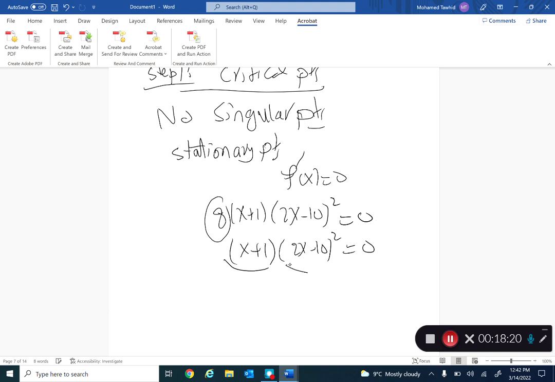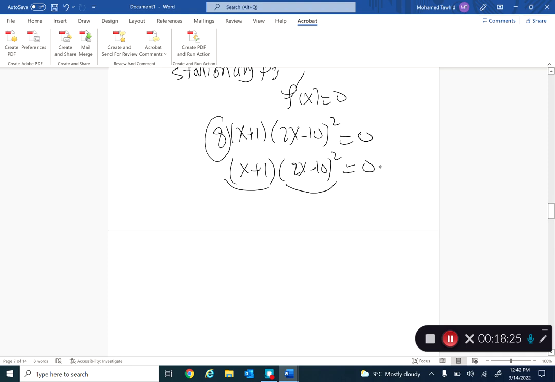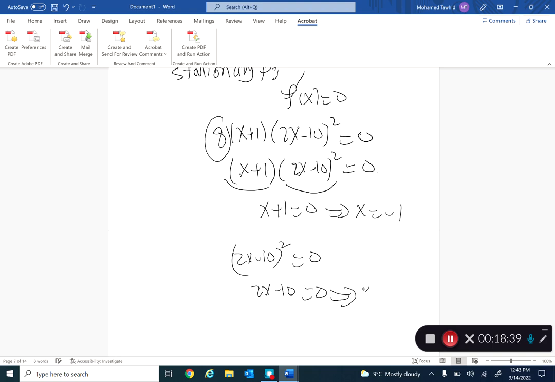That is called the zero product. You have a bracket multiplied by another bracket equals 0. Then it might be the first bracket is 0, that gives you x equals negative 1. The second bracket is 0, means 2x minus 10 equals 0, and then x equals 5. You just take negative 10 to the other side and divide by 2, you get 5.